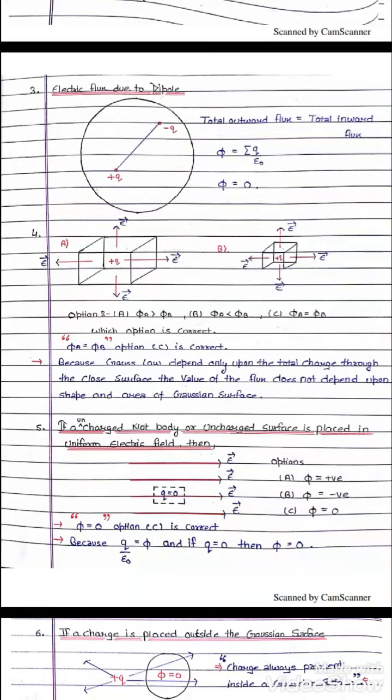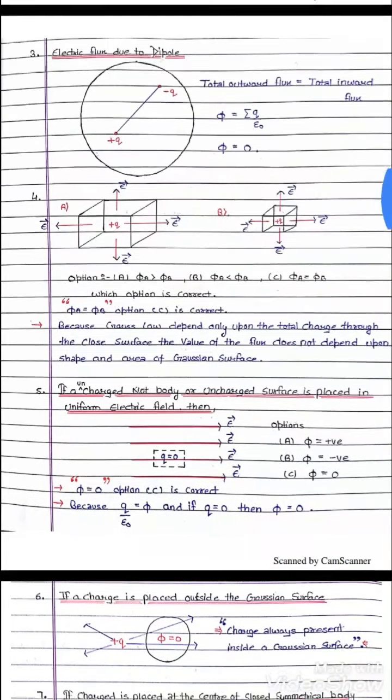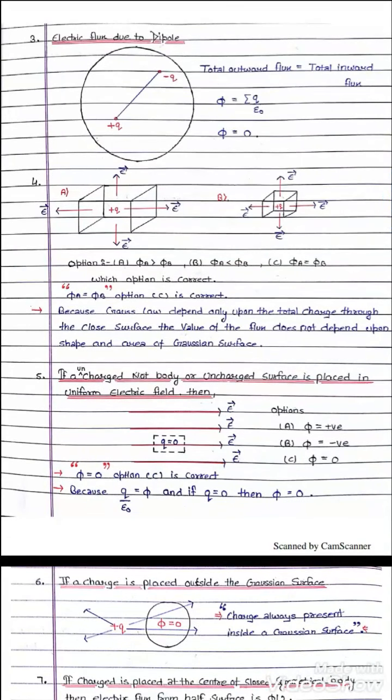We have already studied that size does not matter, so both can have the same electric flux. The answer is C, phi A equals phi B, because it is not about the size.